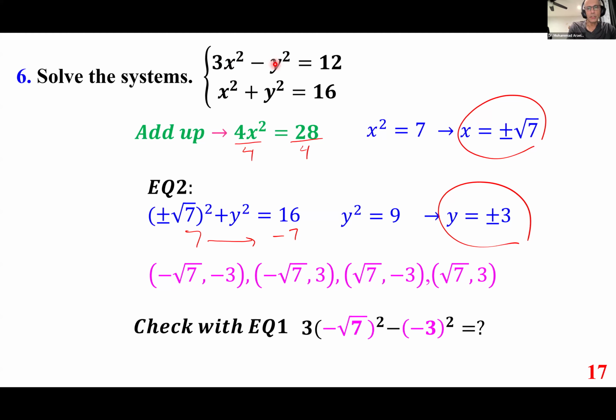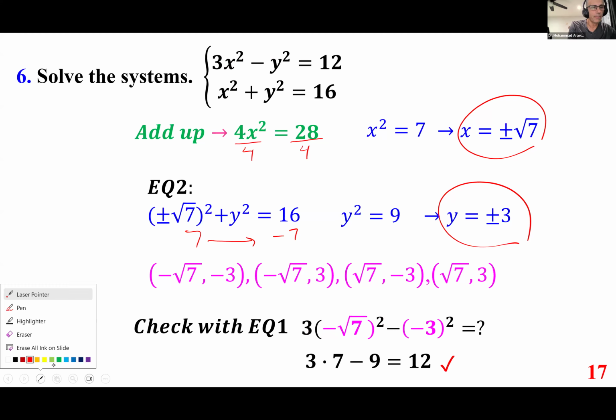So this becomes 7. This becomes 9. So 3 times 7 minus 9. 21 minus 9 is 12. Yes, it checks. This is 21, everybody. Minus 9 is 12. And therefore, we showed the first one works, and the rest of them we should check in the same manner.